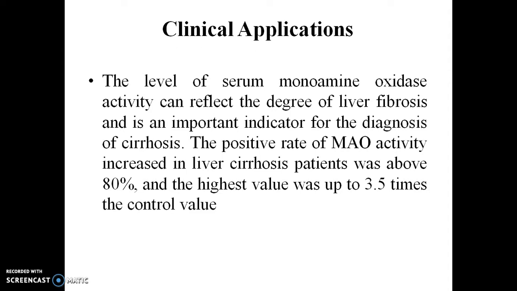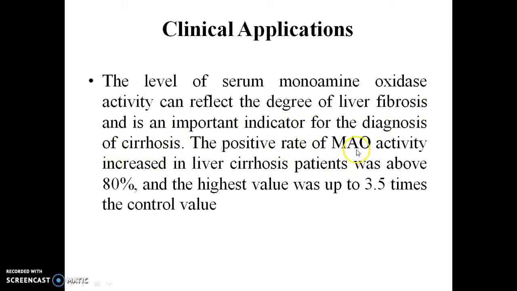In clinical application, the level of serum monoamine oxidase activity can reflect the degree of liver fibrosis. So this is a very important point: which disease are we going to monitor with the help of MAO? Liver fibrosis, which is an important indicator for diagnosis of liver cirrhosis.